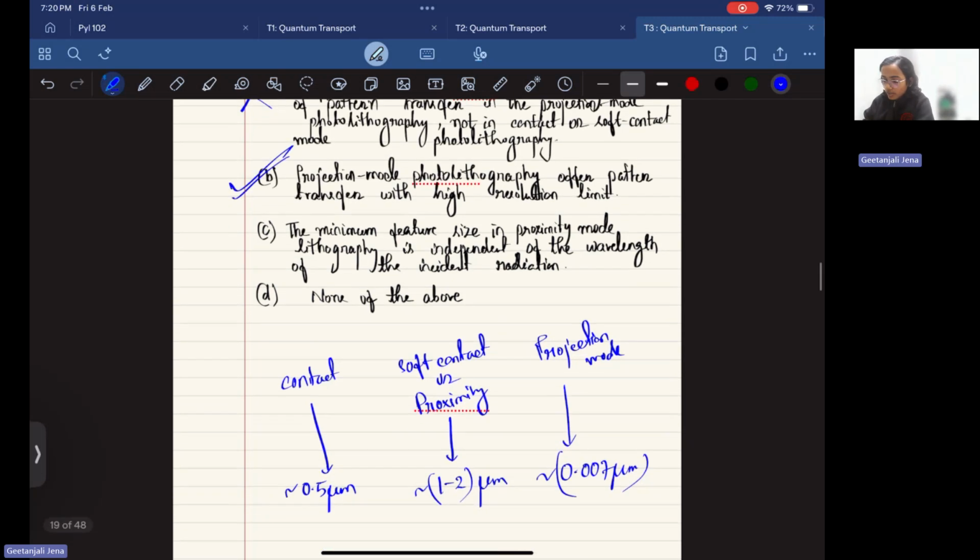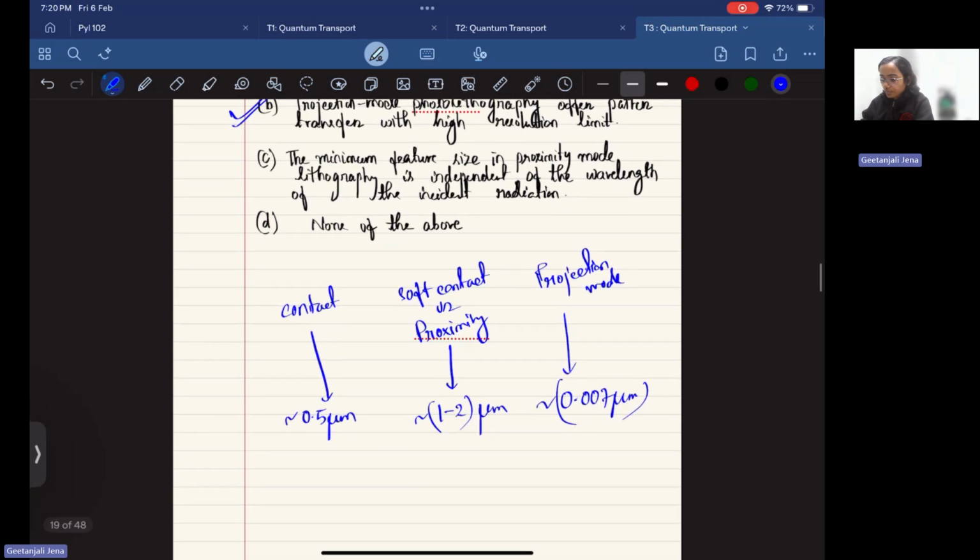But let us see what we have in options C and D. In option C, the minimum feature size in proximity mode lithography is independent of the wavelength of the incident radiation, which is not true, right? If you recall the proximity mode, the minimum feature size that can be patterned or resolved is given by root over of k lambda g.